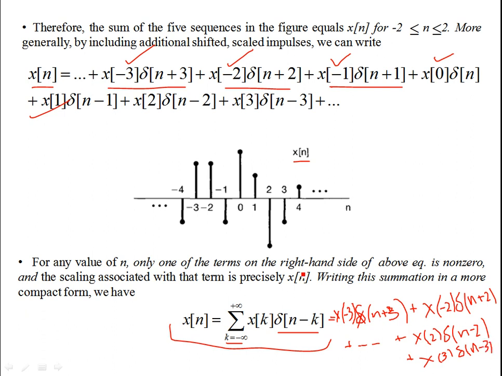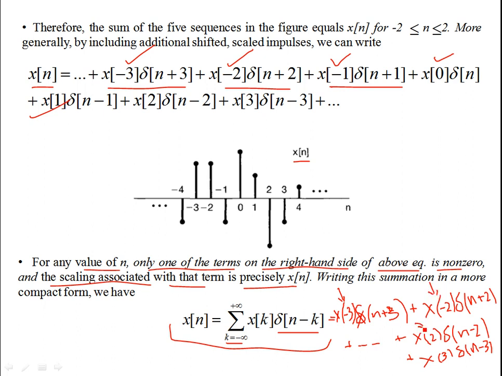So what it says is that for any value of n, only one of the terms on the right hand side of the above equation is non-zero, and the scaling associated with that term is precisely x of n. So the scalings that are associated are the samples from x of n: x minus 3, x minus 2, x2.